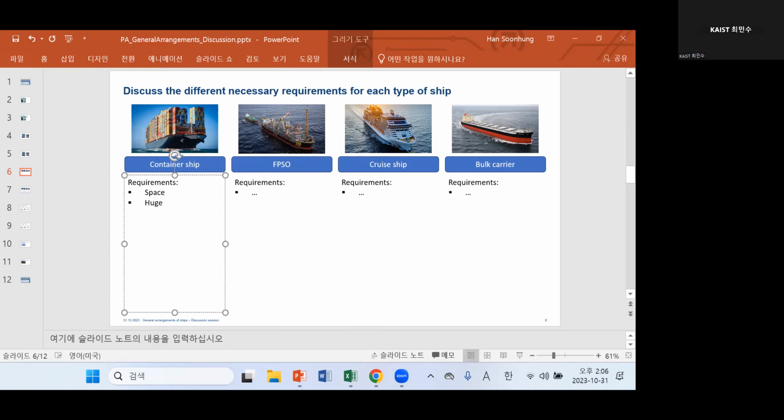Very good. It has to be easy to load and unload. Very good. What else? Maybe improved stability. Improved stability, yeah.